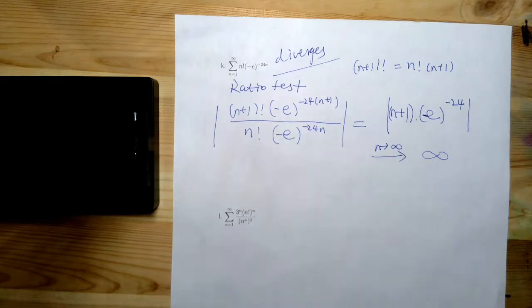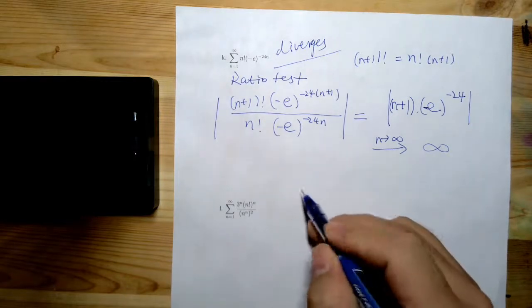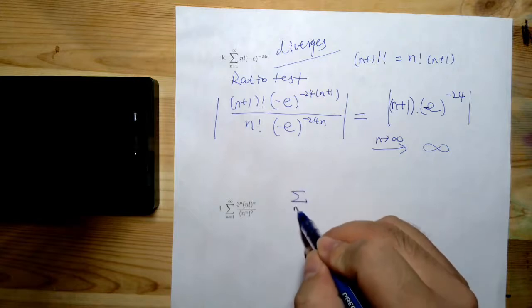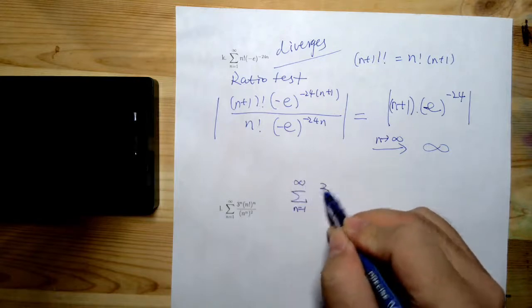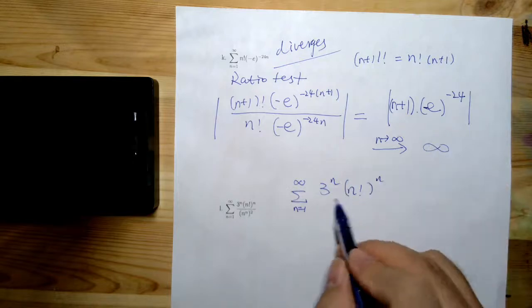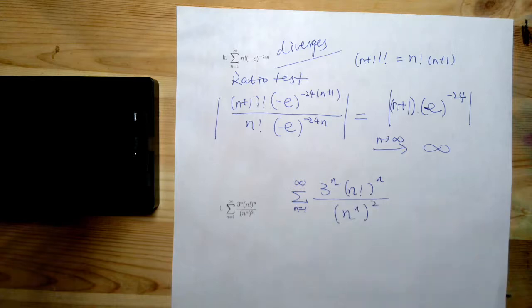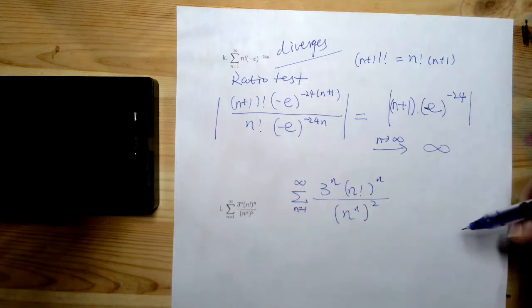So this is this problem. Now let's look at the other one. Let me write it larger. It's 3^n times (n factorial) over n squared.